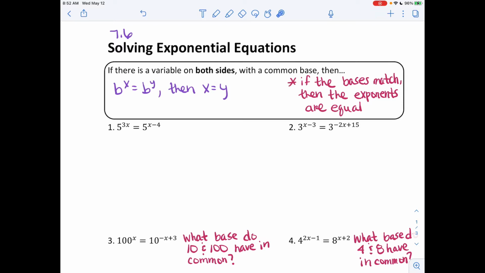And so, if we have some base b and it's raised to a power, this power can be a variable or a constant or some combination of variables and constants and coefficients.